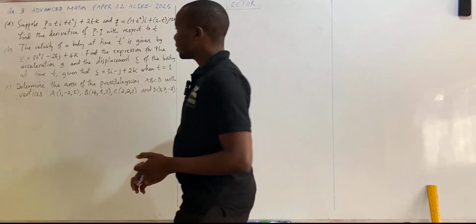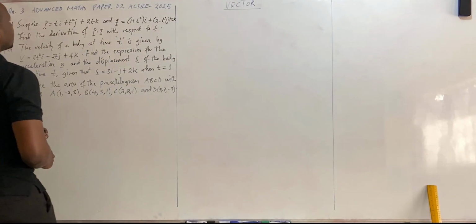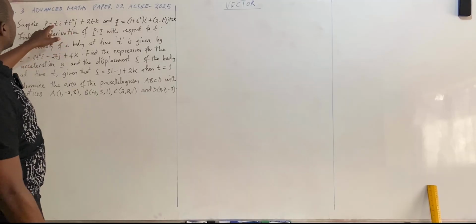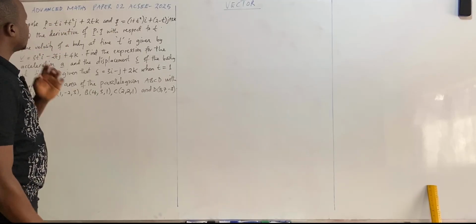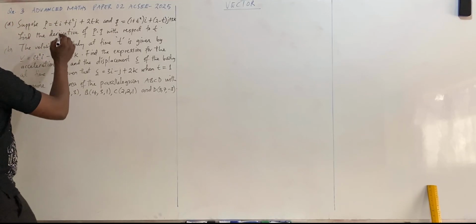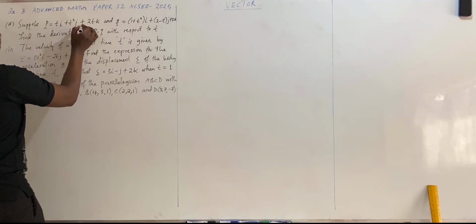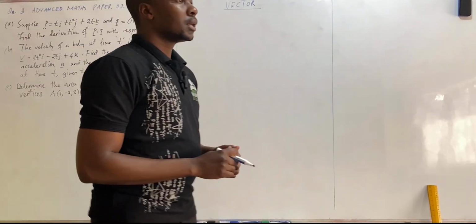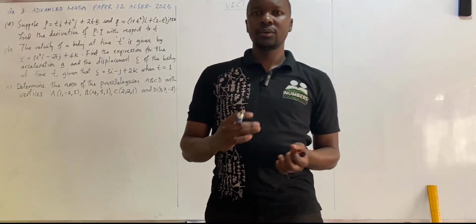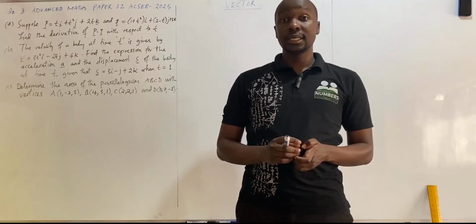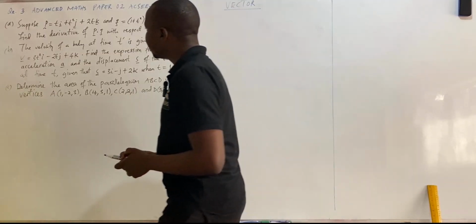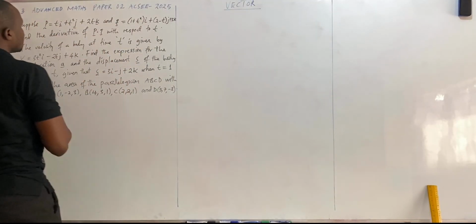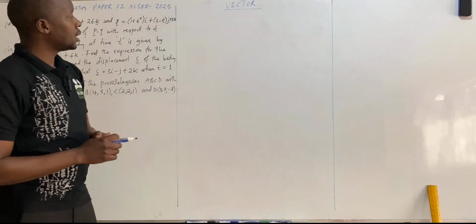Suppose this is vector P equals Ti plus T squared J plus 2Tk. So this is a vector of three dimensions. For a vector of two dimensions, normally we have unit vectors I and J, but here we have I, J, and K. If you see that, it means it is a vector of three dimensions.